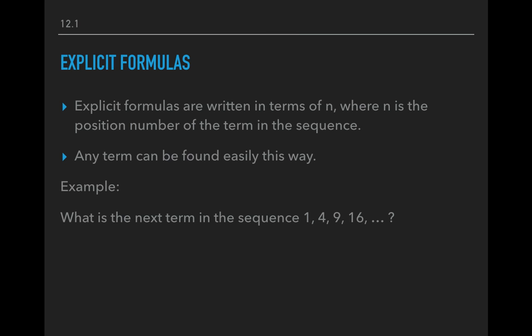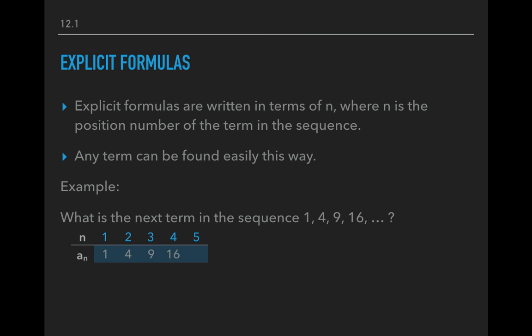Well, let's break it down here. Let me show you a method I use. I like to line up the position and the output. So n is the position. So the first position's output is 1. The second position's output is 4. The third position's output is 9. The fourth position's output is 16.